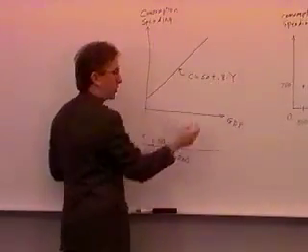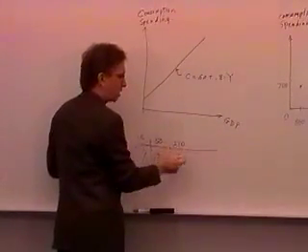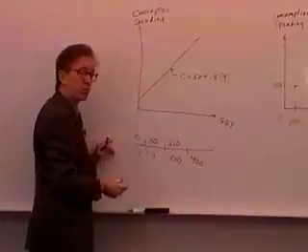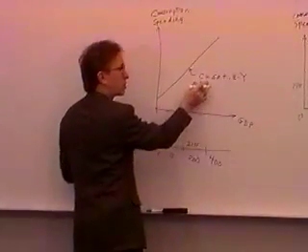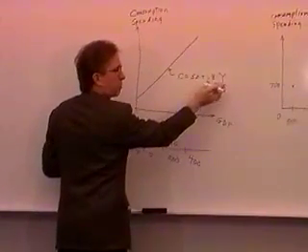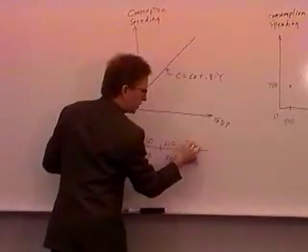Well, 0.8 times 200 is $160, plus 50 is $210. Let's try one more and then we'll stop. If gross domestic product was $400, then consumption spending would be 50 plus 0.8 times 400. Well, 0.8 times 400 is 320, plus 50 is $370.